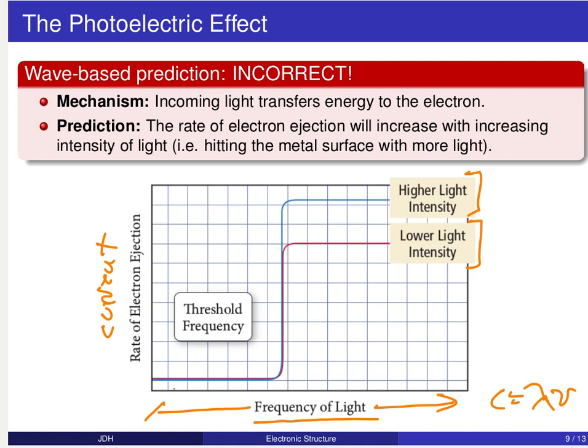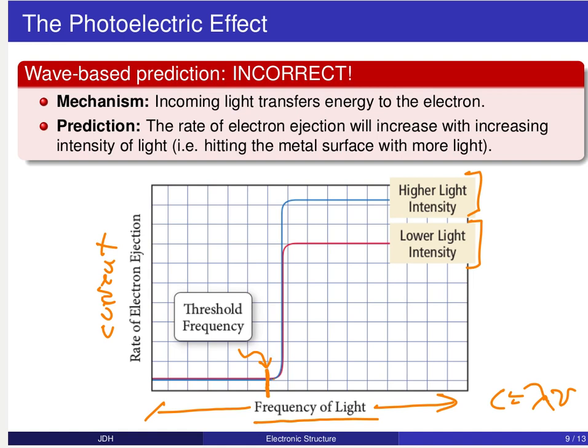When you're down here at these relatively lower frequencies, until about this point here, it doesn't matter whether you have a few rays of light coming in or many rays of light coming in, there's absolutely zero electrons being kicked out. No current. But once you hit a certain frequency here, there's a threshold that's reached, and we're going to call that the threshold frequency.